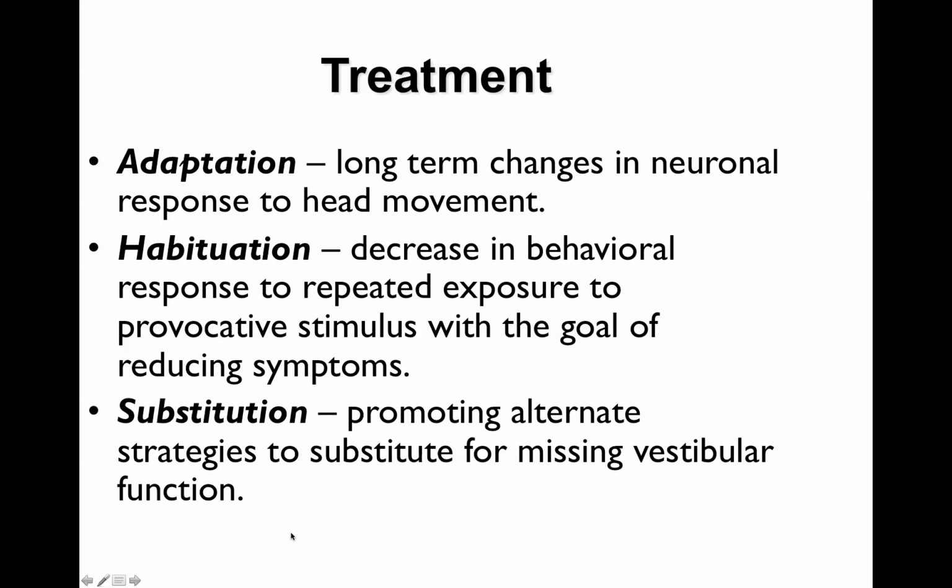So now when we talk about treatment, there's 3 different types of interventions that we will use, and there's often overlap in all of these. But one thing is that we're looking for adaptation, that these are long-term changes in neuronal responses to head movement. This goes back to your firing rate, or your ability to match your eye velocity to your head velocity.